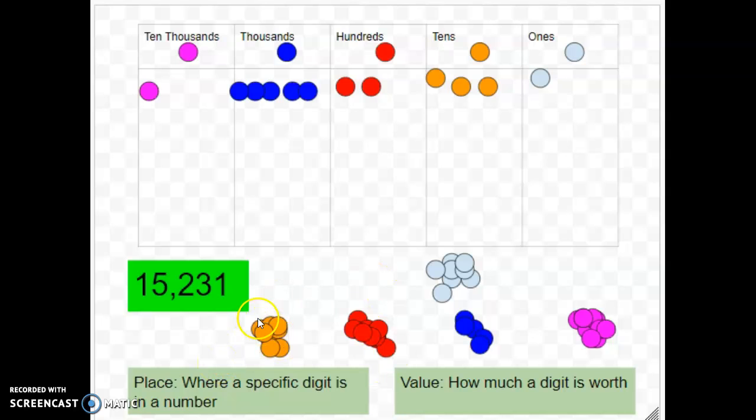If you need to review this video, I definitely would suggest it, because in your learning, you are now going to go ahead and draw 2 numbers using these place value discs. And then you're going to create a 3rd number.